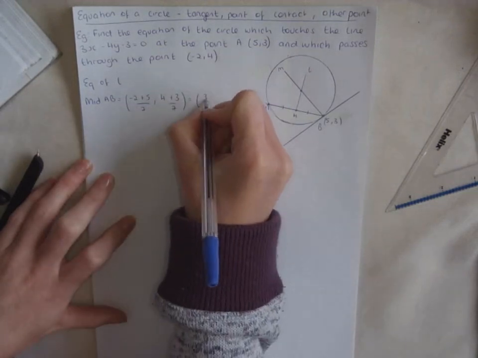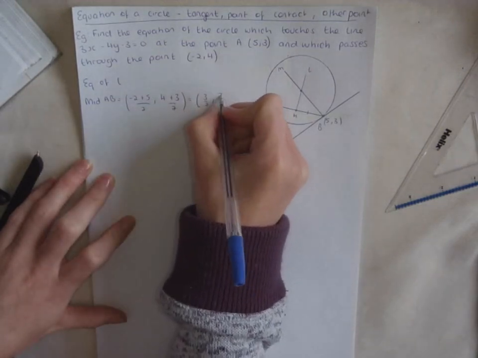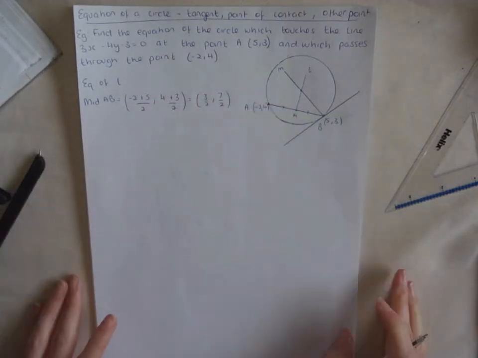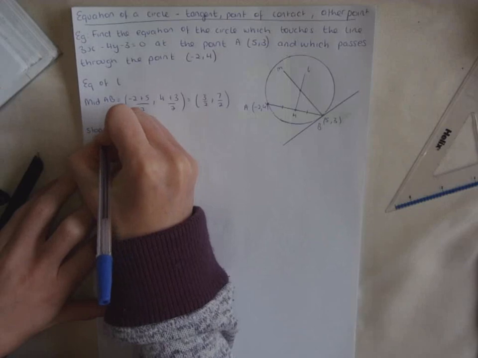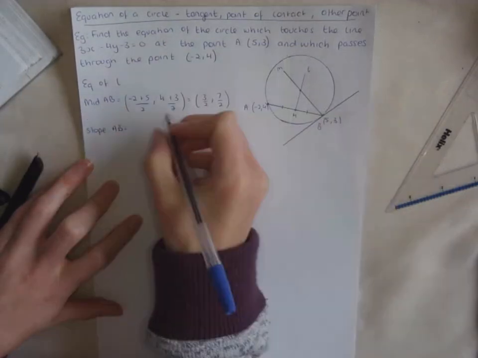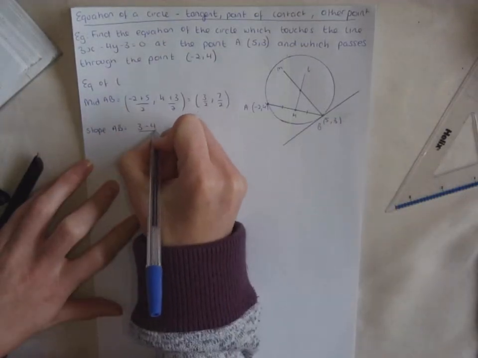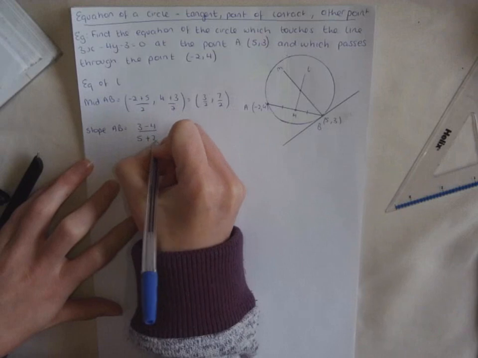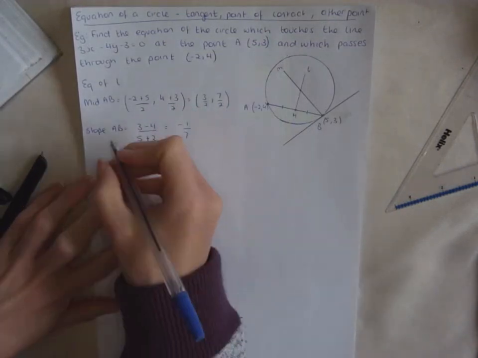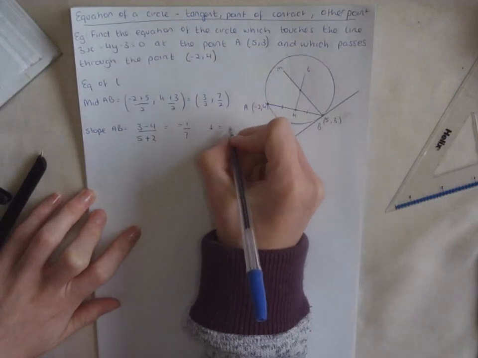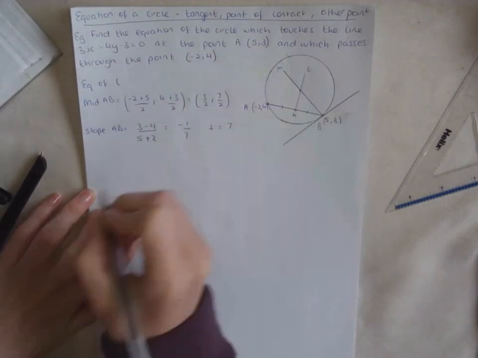So it's 3 over 2 and 7 over 2. That's my midpoint. Then I need to get the slope of AB, that's y2 minus y1 over x2 minus x1, so that's minus 1 over 7. Then the perpendicular slope would be, turn that upside down, change the sign, 7.